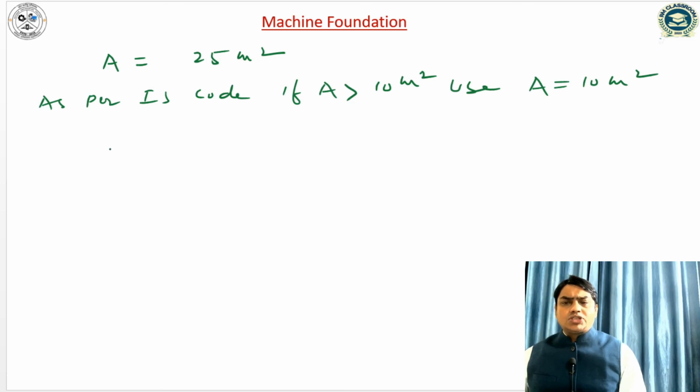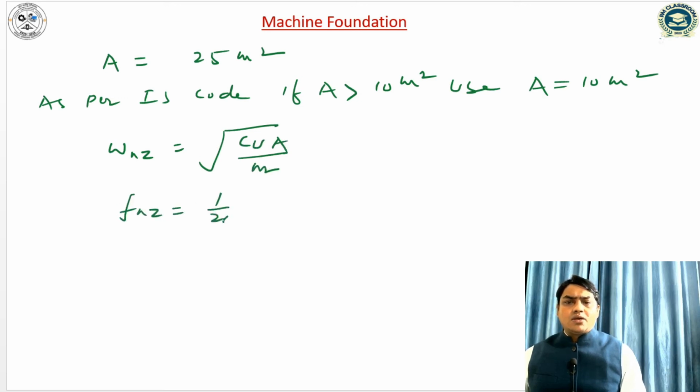So we have the relation omega nz is equal to square root of CuA divided by m. So Fnz can be written as 1 by 2 pi square root of CuA by m.